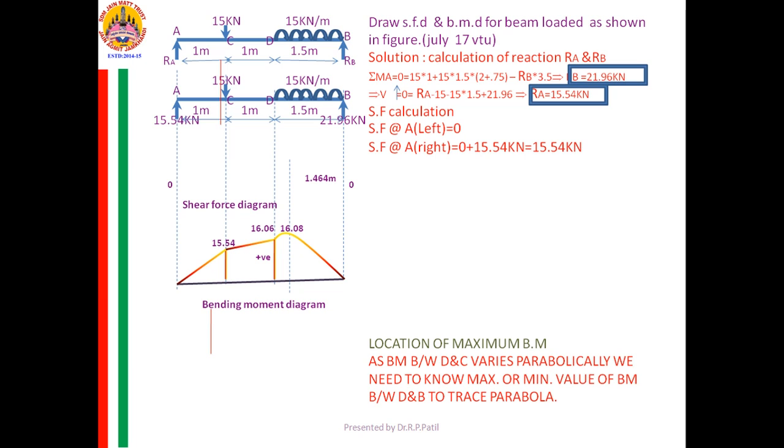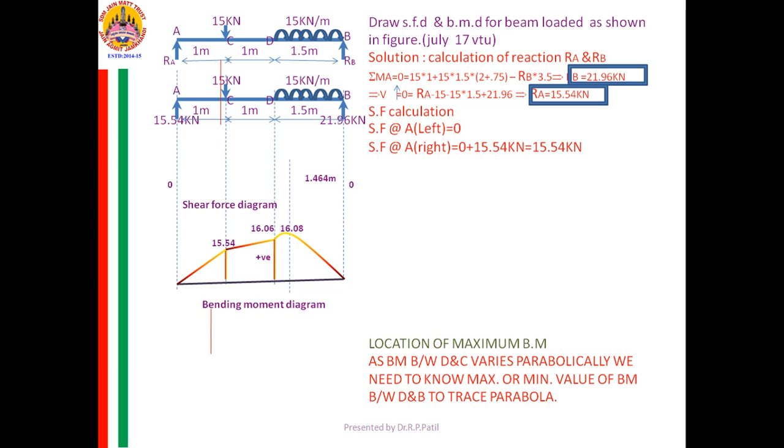Friends, at any moment you can ask me, sir, give us the check for, say, the right part, you are doing it by left part. Definitely I will give that particular check to you.